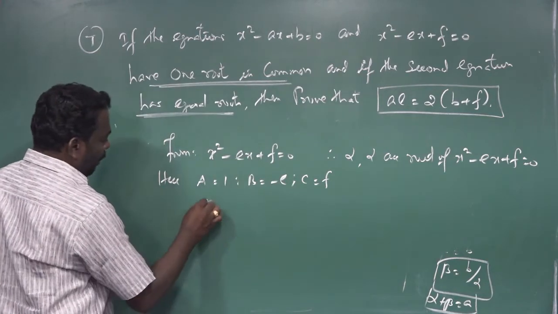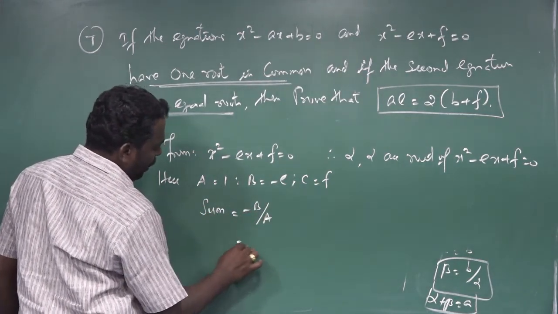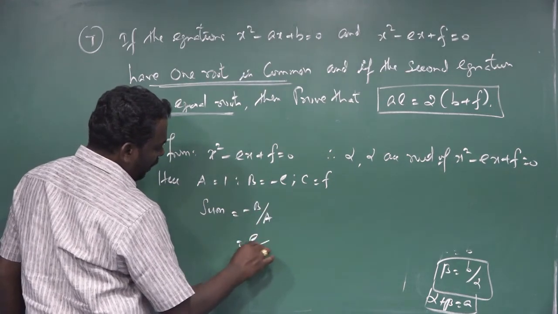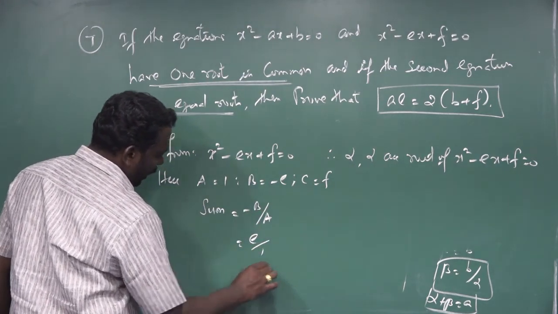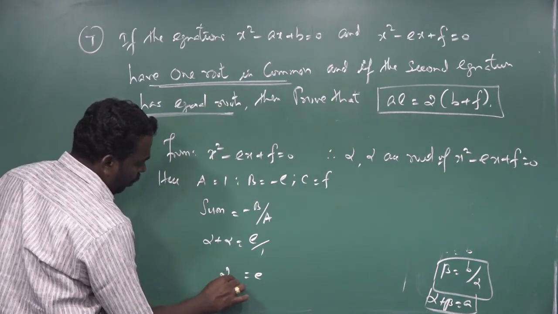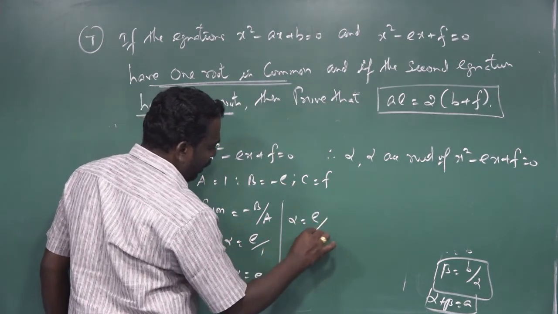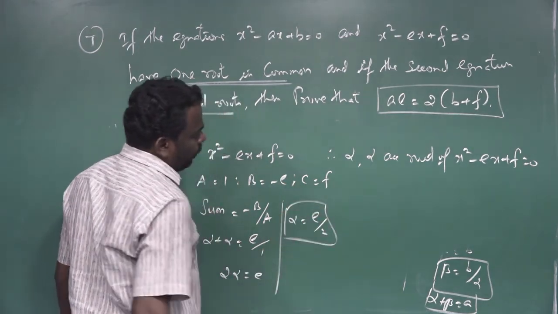Therefore the sum of the roots is equal to minus B by A, that is equal to minus minus e by 1, and that is equal to e. Therefore the sum of the roots is alpha plus alpha, that is equal to 2 alpha, that is equal to e. Therefore alpha equal to e by 2.